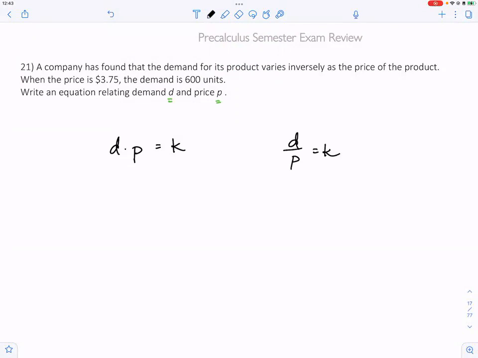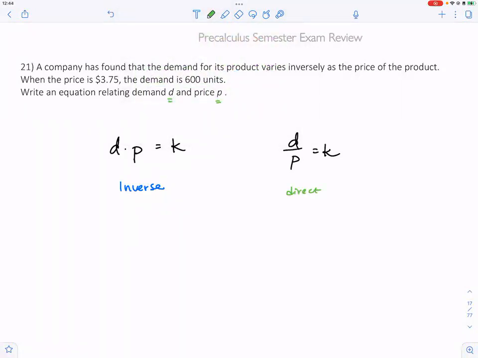Which one is showing you the inverse relationship, given that K is a constant that is not going to change? Which one is showing you the direct relationship? Okay, so the answer is that the left one is the inverse relationship. The right one is the direct relationship.